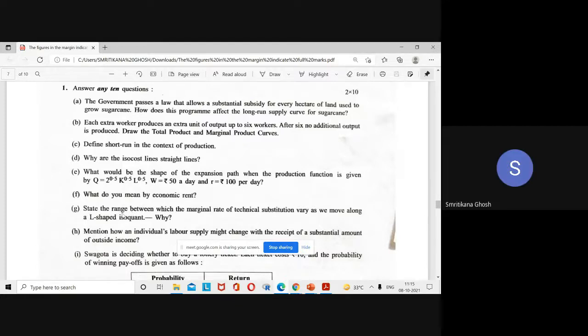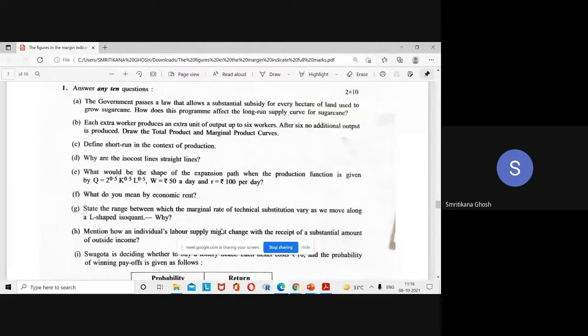State the range between which the marginal rate of technical substitution varies as we move along the L-shaped isoquant. Look, there is no range. It's only a line, as I showed you, b by a.